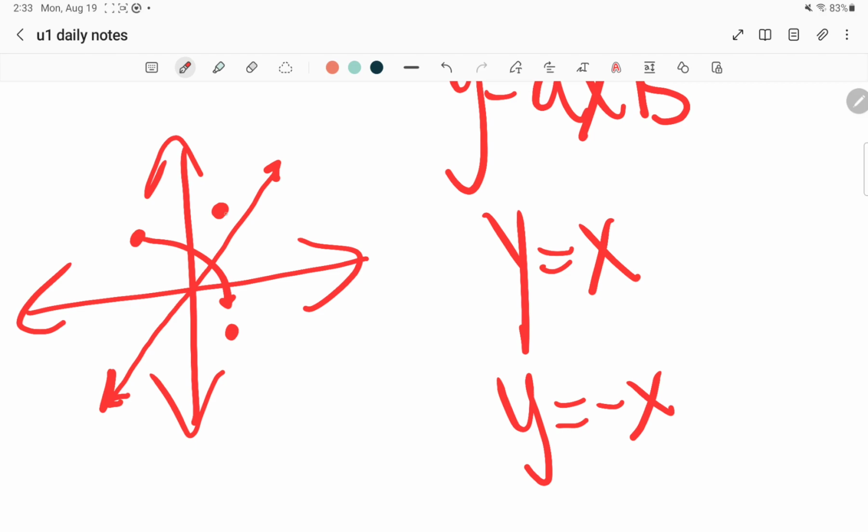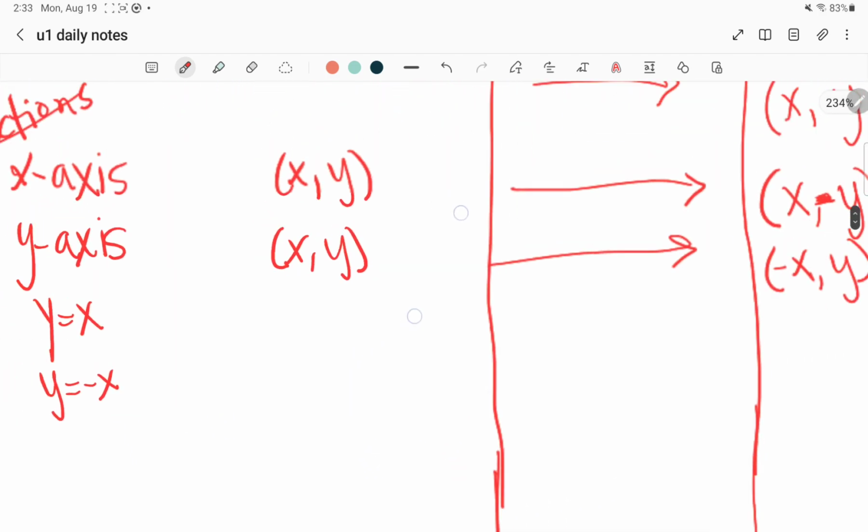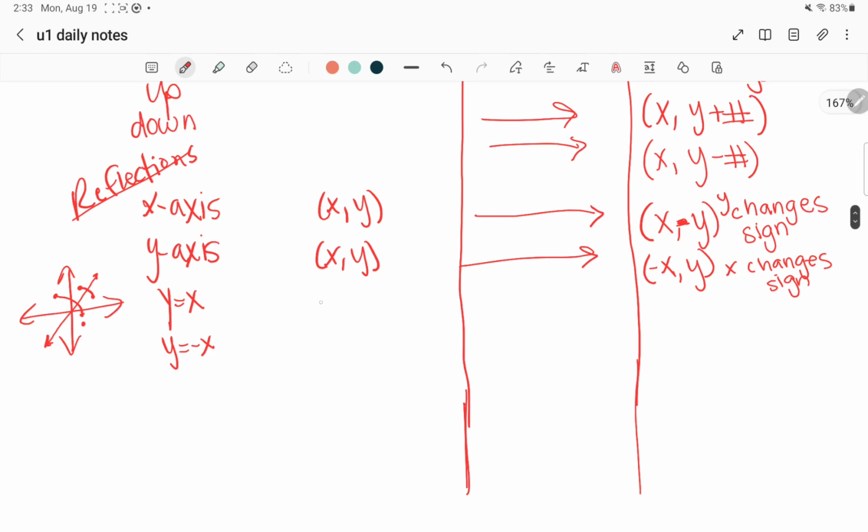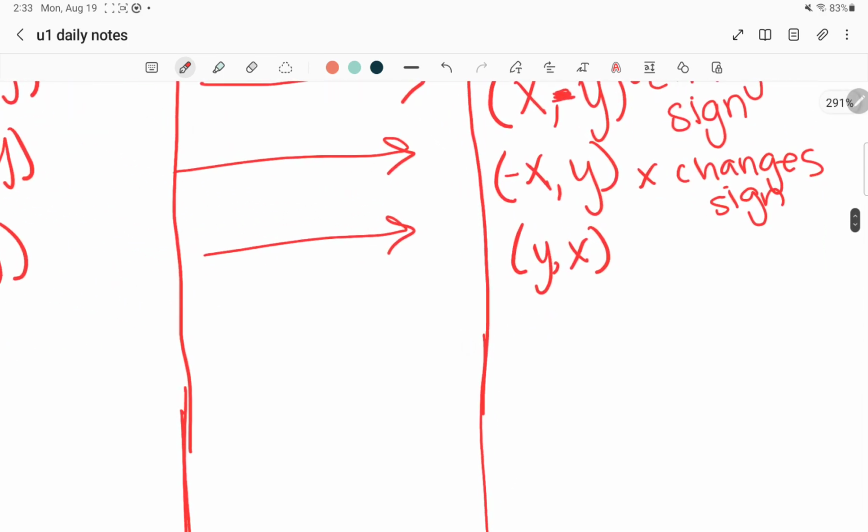If I'm flipping this point, it's going to end up over here. Our rule is I switch my x and y value. So x becomes y and y becomes x. They just switch.